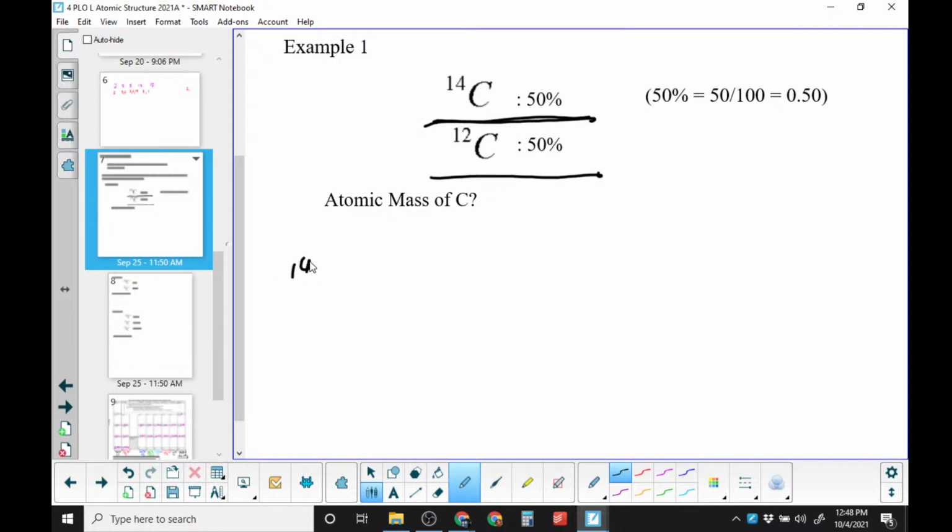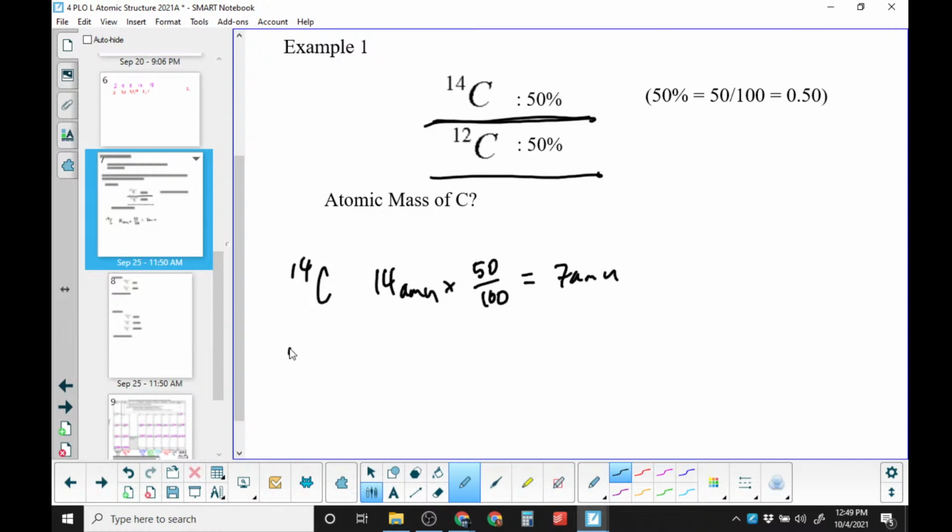So I go, carbon 14 is 14 AMU times, now we can't put percent down because we have to convert that. So you can just go 50 over 100, or if you can do percent in your head, you can just go 0.5, equals 7 AMU. And that is the mass from half of it.